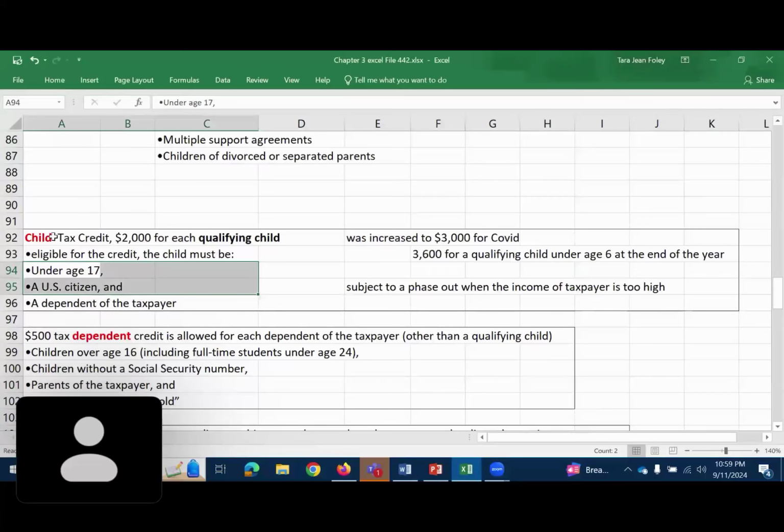So she doesn't get the child tax credit because she's 18, she's too old. But she can get the dependent or the other dependent credit of $500 because it's for people over 16. Members of the household, parents, children about 6, right?